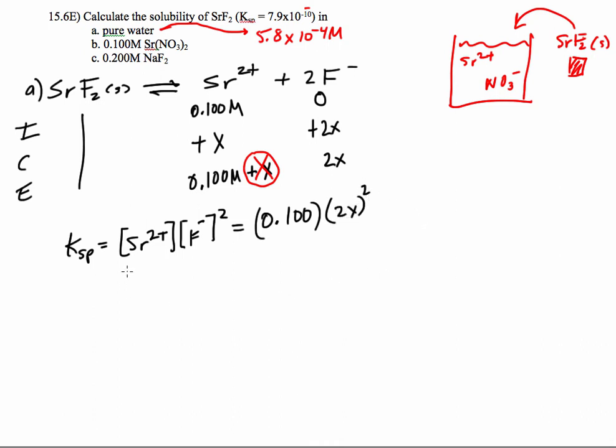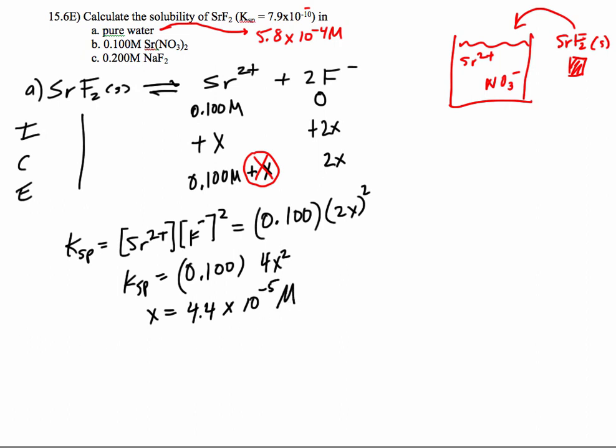Okay, so now my Ksp is equal to 0.100 molar times 4x squared. And now I can solve for x. Okay, the solubility comes out to 4.4 times 10 to the minus 5 molar.